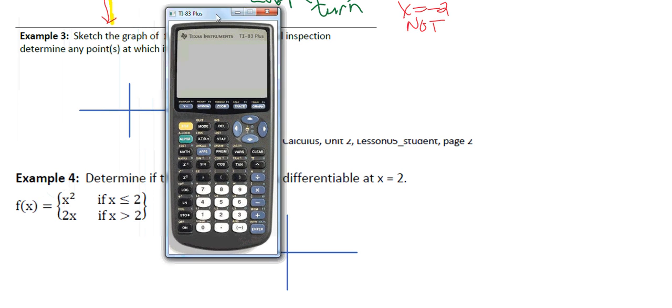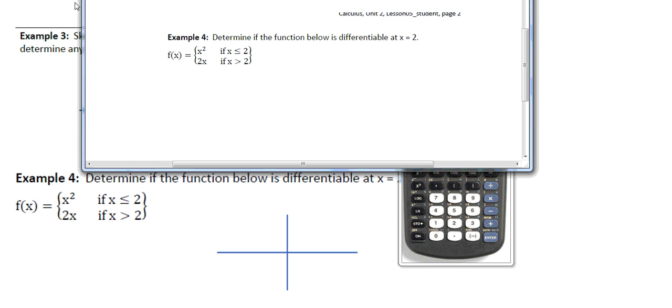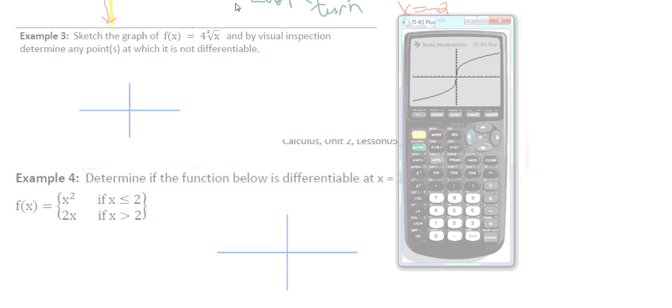There we go. So at this value here, let's put it in the calculator: 4 times x to the 1/3 power, and if we look at the graph, we can see that it has a spot of vertical tangency. Let me see if I can copy that.